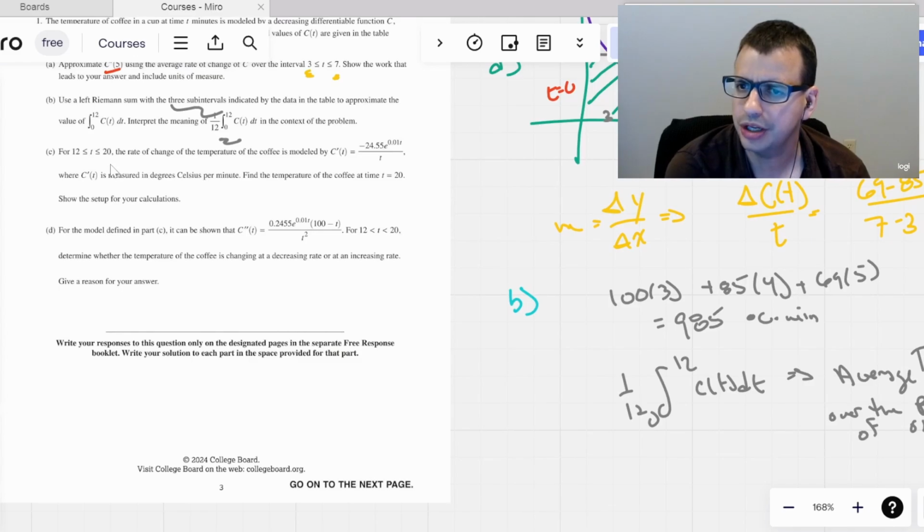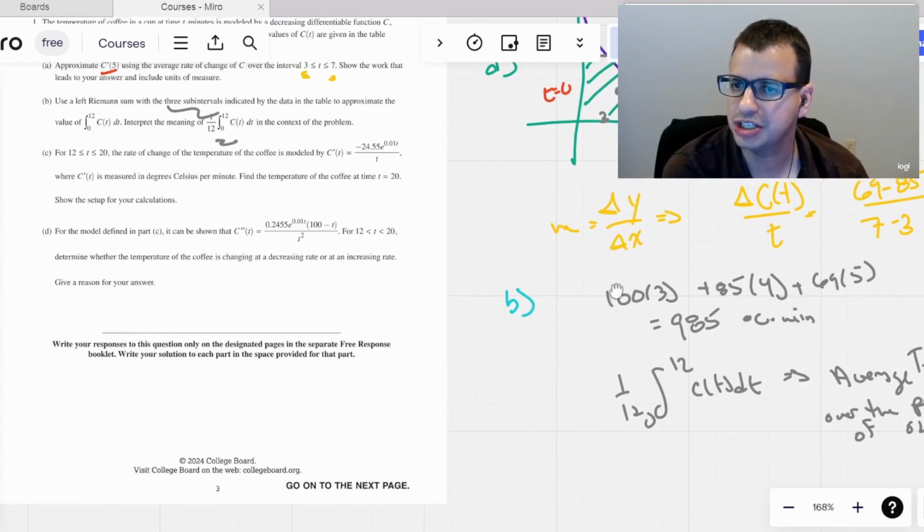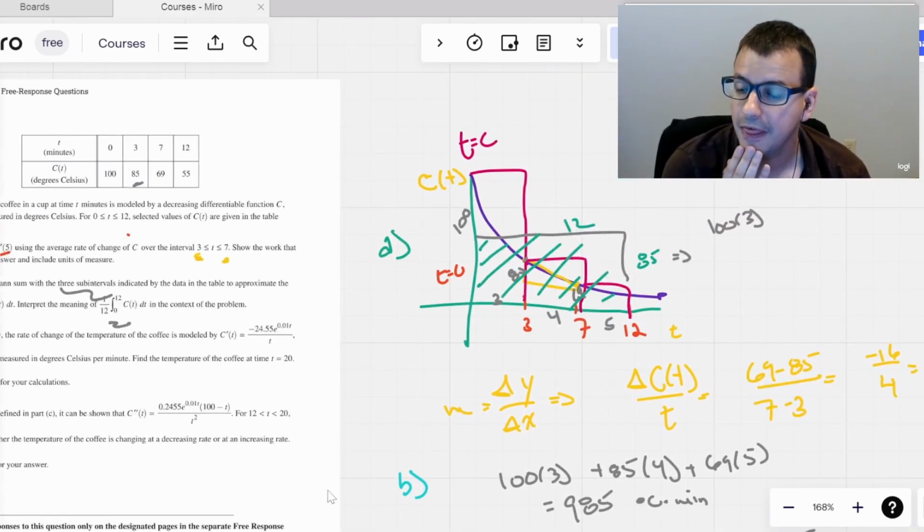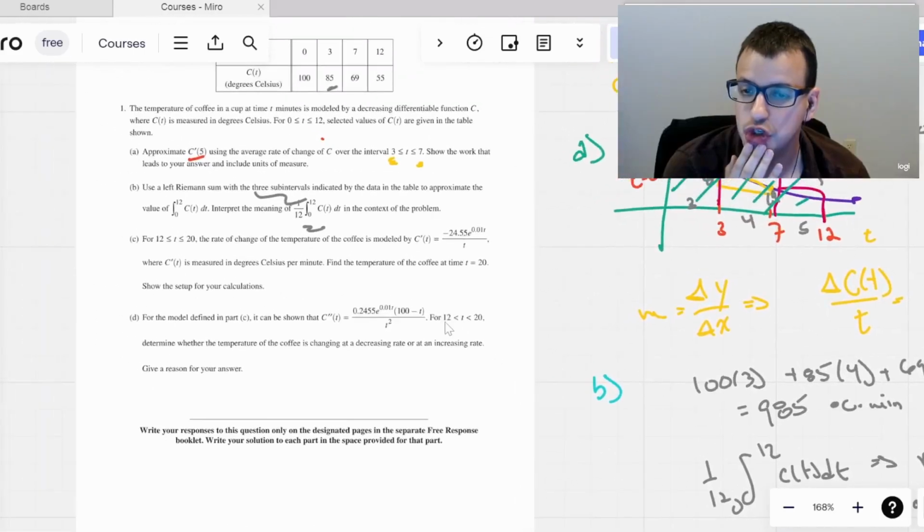So for 12 to 20, all right, moving on, the rate of change in temperature is modeled by that. So they give us the derivative, not the value, where C prime of t is measured in degrees Celsius per minute.